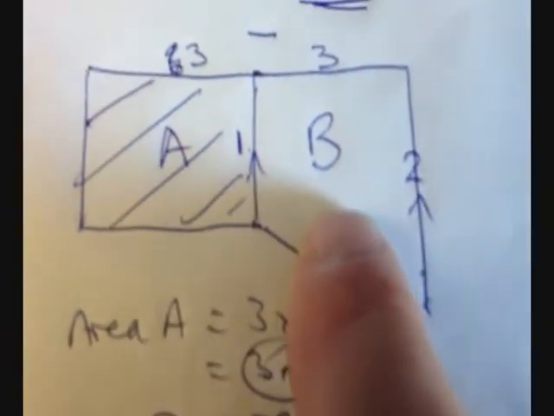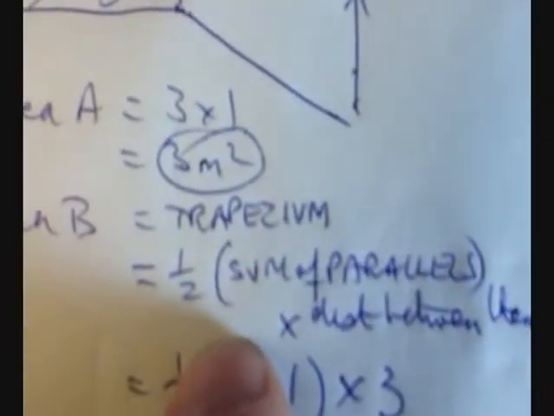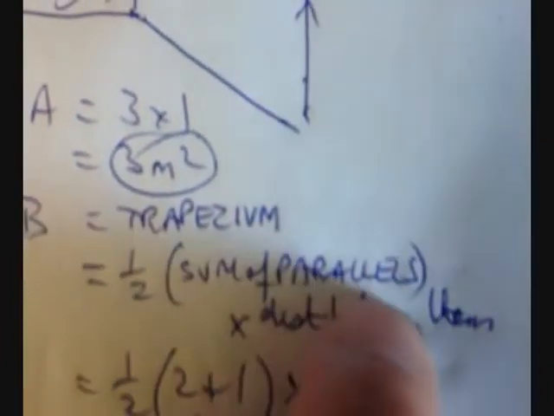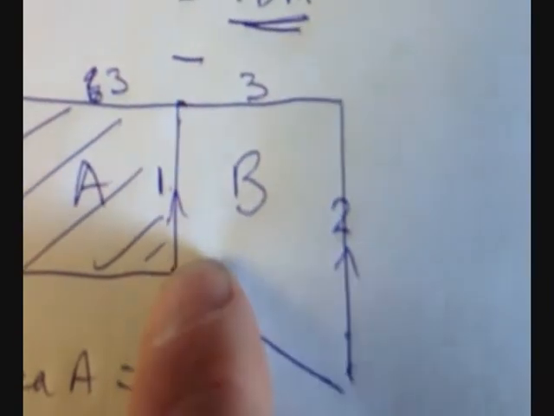B, notice I've marked these two separately, B is a trapezium. A trapezium has got 2 parallel sides, and the area of a trapezium is a half of the sum of those sides times how far apart they are. Here we are, the 2 parallel sides, 2 and 1, and the distance between them.